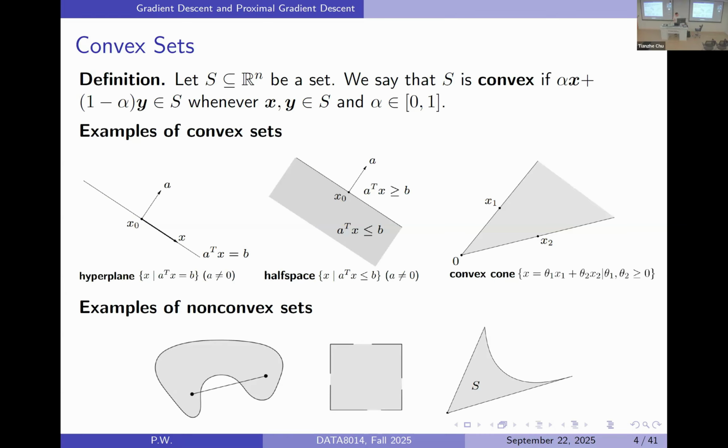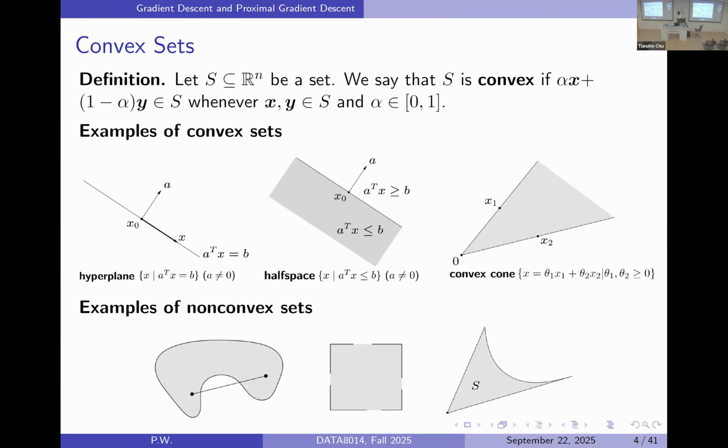Here X belongs to a subset of n-dimensional Euclidean space. We say this set is convex if for any two points in this set, and an arbitrary constant alpha between 0 and 1, the segment between these two points still belongs to this set. Then we say this set is convex.